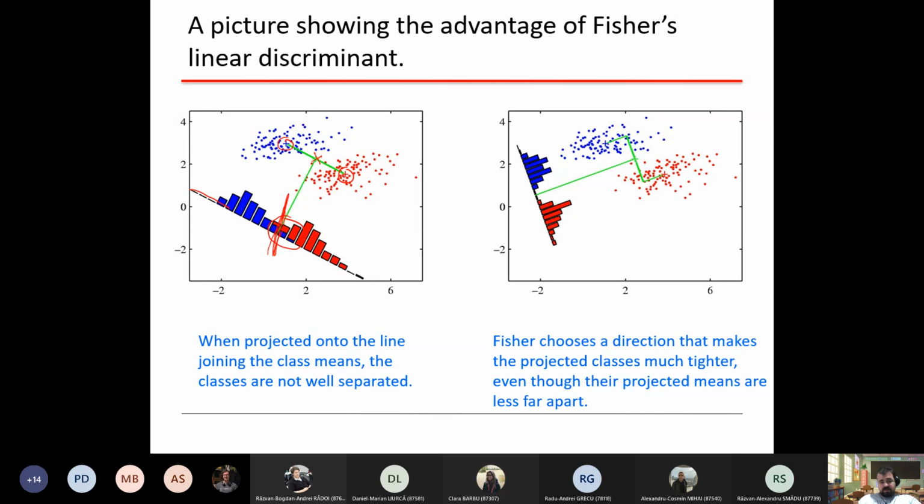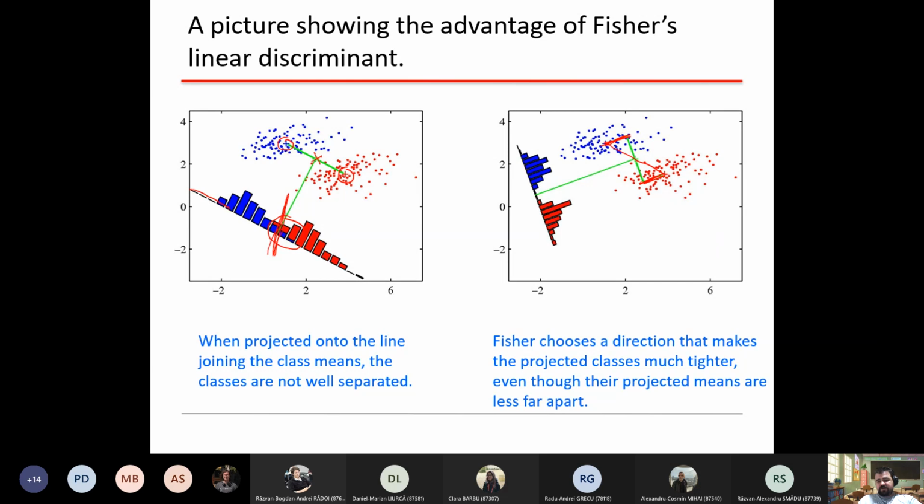And then Fisher says, okay, we'll consider this line connecting the means, but we'll also consider the direction of variation within each class. So the maximum variation is in this direction in both classes.